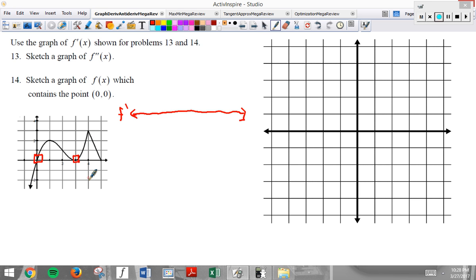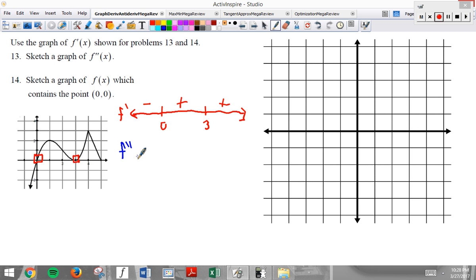X-intercept. Not a hole. An asymptote. Be fine. 0. 3. F prime's negative. F prime's positive. F prime's positive.